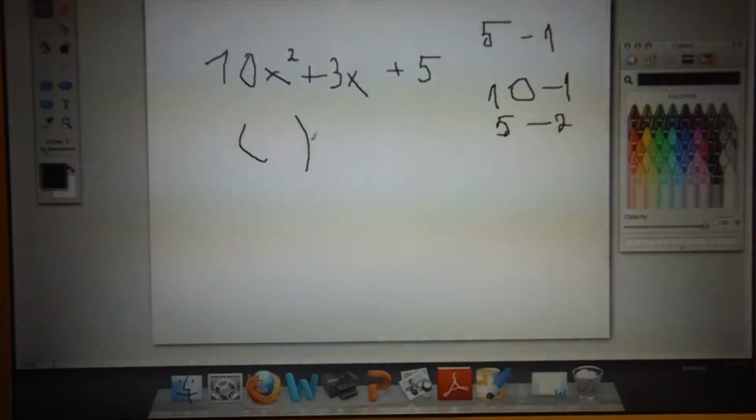And if I put in, I don't know, 10x and x, I don't know, then I put in 1 and 5, that still does not give me the answer.